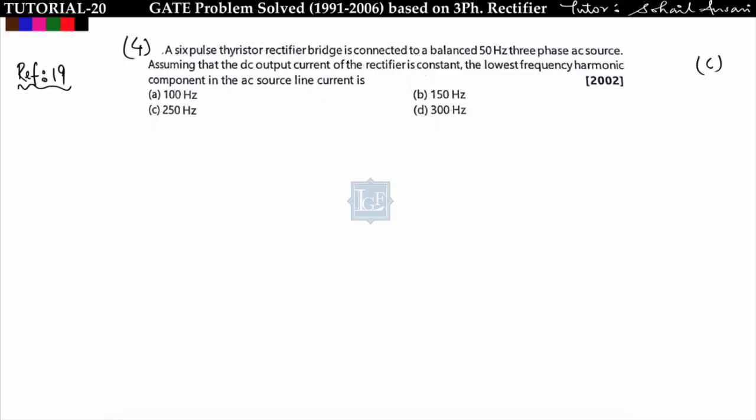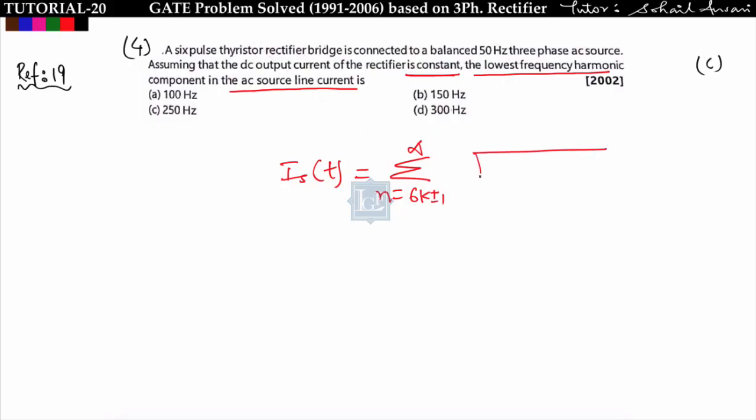Now see the fourth problem. A 6-pulse thyristor rectifier bridge is connected to a balanced 50 Hz 3-phase AC source. Assuming that the DC output current of the rectifier is constant, meaning I naught is constant, then what is the lowest frequency harmonic component in the AC source line current? We have seen the harmonic analysis of the source current, that is a summation of n equal to 6k plus minus 1 to infinity.